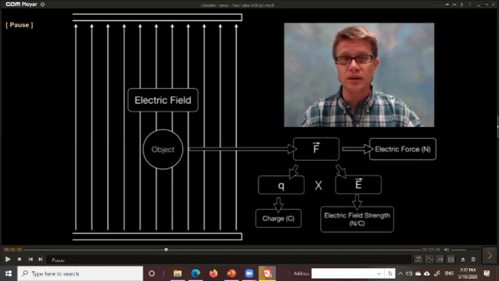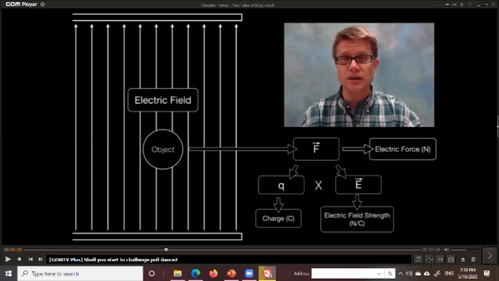If an object or a charge is placed in the electric field, the force experienced by the object or charge is equal to the product of charge and electric field strength.